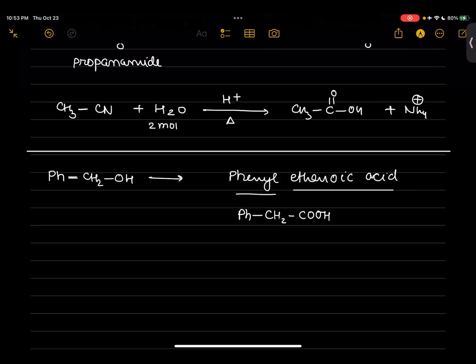Got it? Clear or not? So this is phenyl ethanoic acid, and you need to get it from that benzyl alcohol, PhCH2OH. What you are going to do?